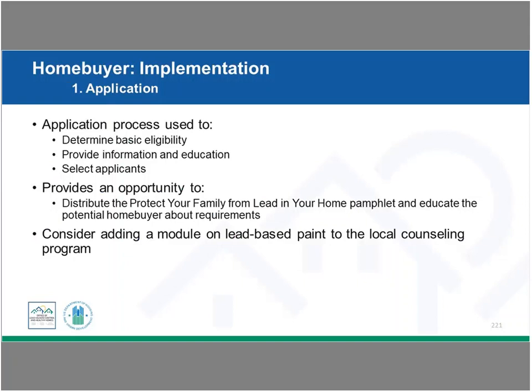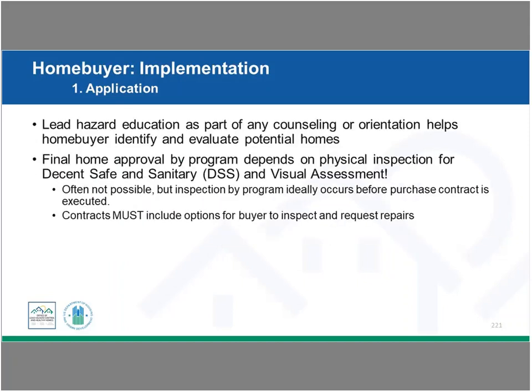Also, in most cases, we're going to have a home buyer counseling program going on, and it would make sense for that home buyer counseling to also include an element of education about the hazards of lead paint, and incorporate some of the information from the pamphlet about ways that a homeowner can control those hazards. And so through this process, we're going to be determining who's going to be assisted.